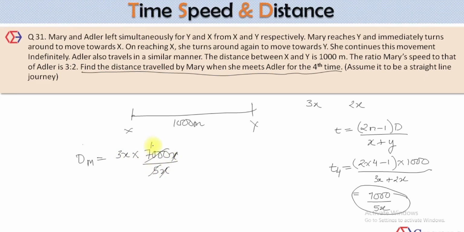This will give you how much? 1400. And 1400 will be equal to how much? This was 3x into, this x will be cancelled out, there is no x. 4200. Yes or no? So Mary must have traveled 4200 kilometers. I hope this is clear to everyone.